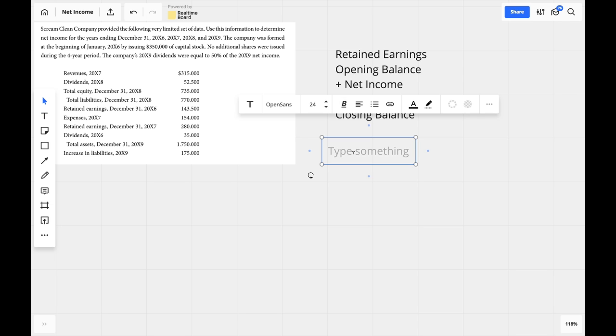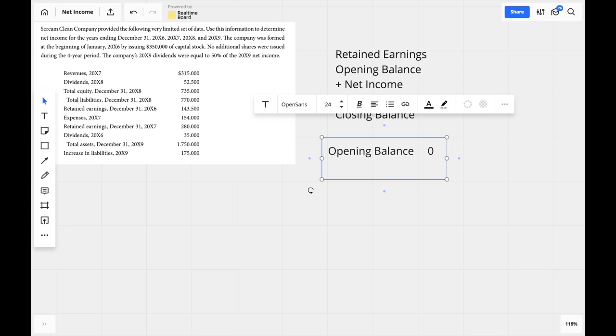So in 20x6, our opening balance would have been 0. It had to have been 0 because we started the business. There was no profit yet in the business. Do we know the net income for 20x6? There's not a great deal of information here that tells us much about 20x6, and we do know that they paid out a dividend because they've said here that there's been dividends of 35.